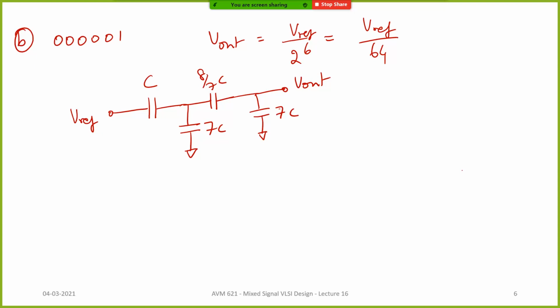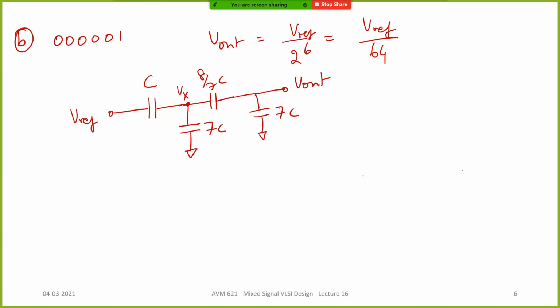So how you solve this is basically you find out, let's say this is some Vx. First find out the effective capacitance at Vx. So let's find out Vx first. What is this effective capacitance?